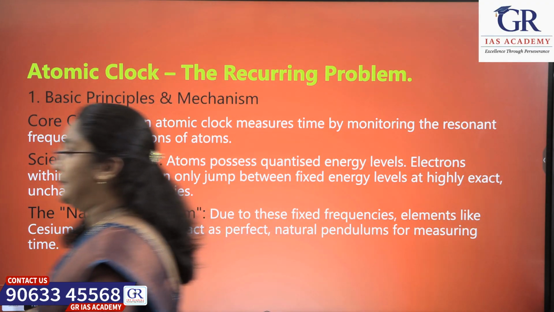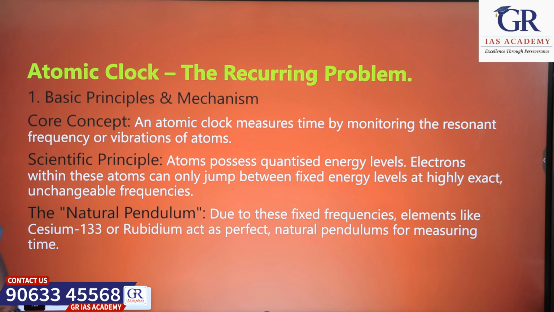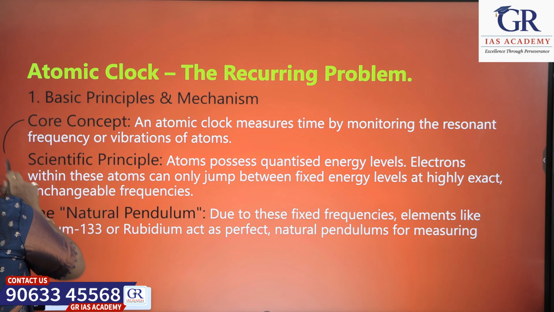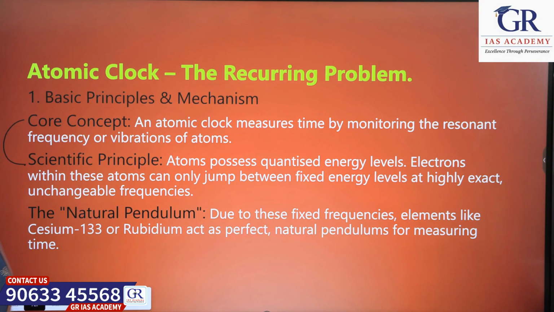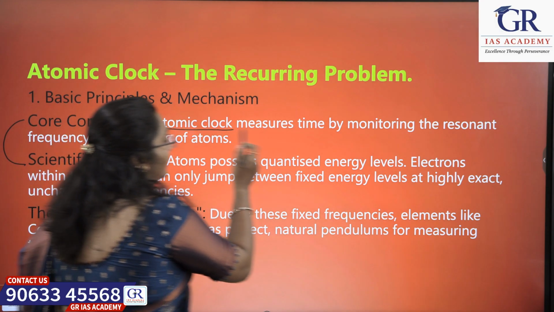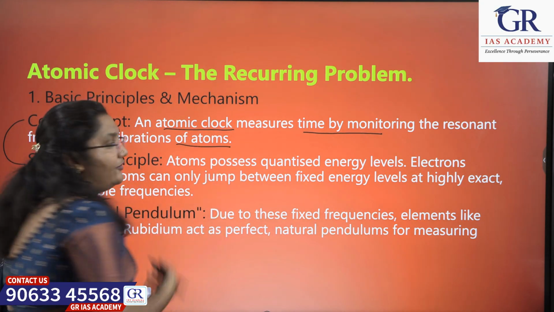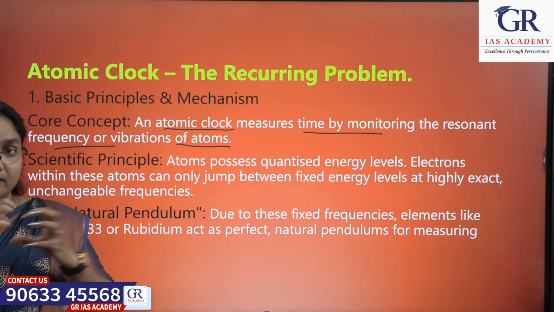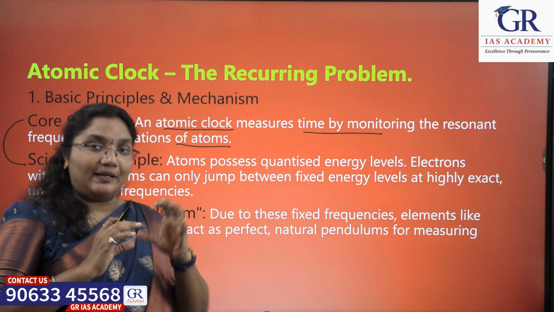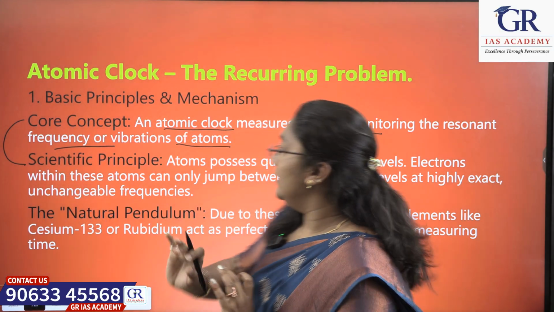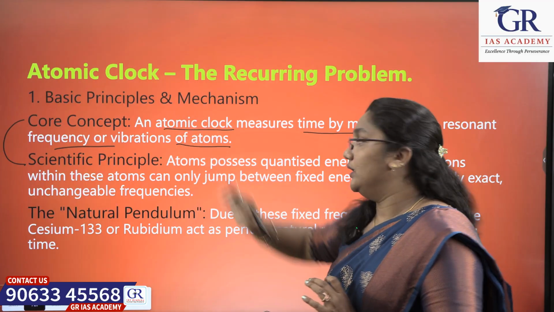So let us see on what principle this atomic clock works and what its mechanisms are. It has 2 concepts, the core concept and the scientific concept. Coming to the core concept, an atomic clock measures time by monitoring the resonant frequency or vibration of atoms. Based on these 2, the core principle of the atomic clock works.